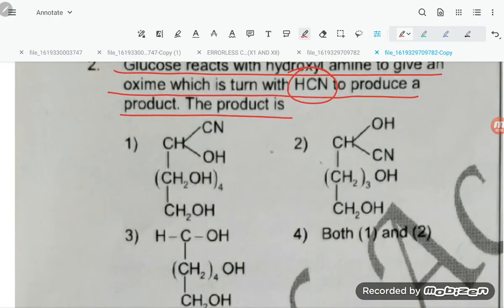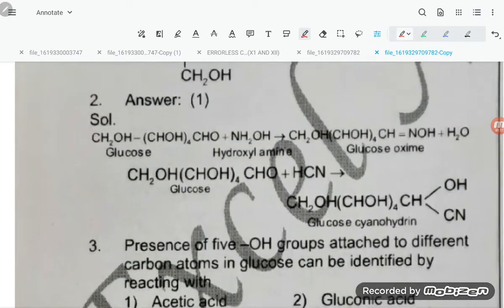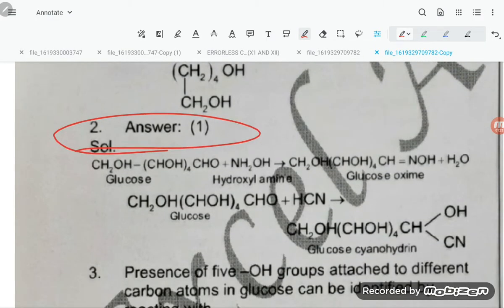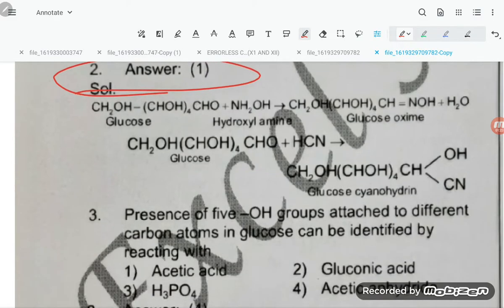So in the cyanohydrin you can see there is CN, OH, CH2OH. Here is how many? 3. So 3 means how much? That is 1, 2, 3. So this is wrong. Here is 4, 5, 6. So option number 1 is correct, student. This is the cyanohydrin. So the correct option is option number 1, glucose cyanohydrin. This is our required answer.